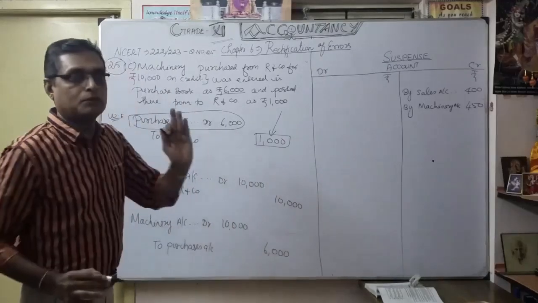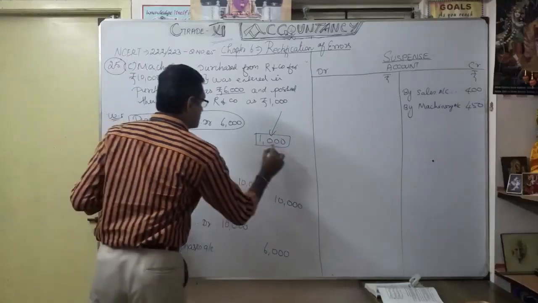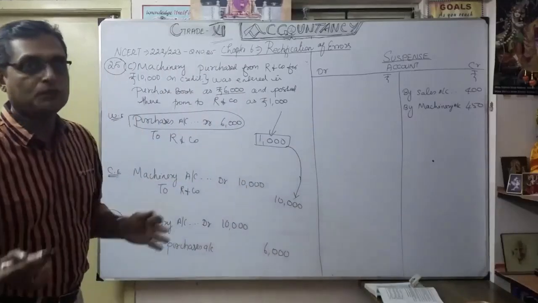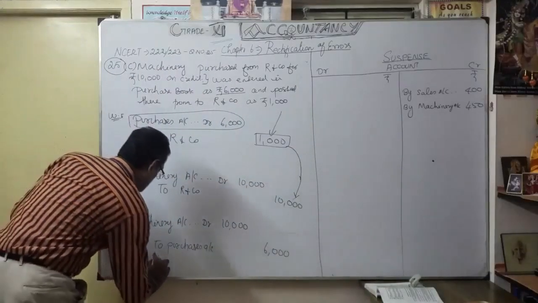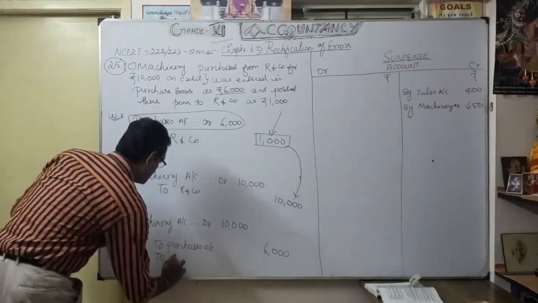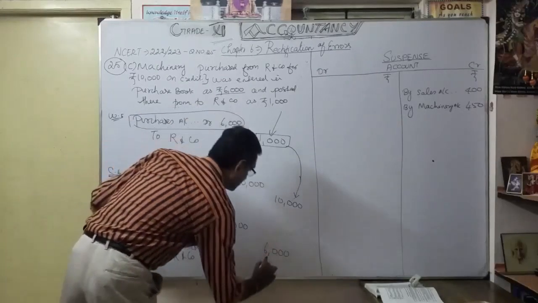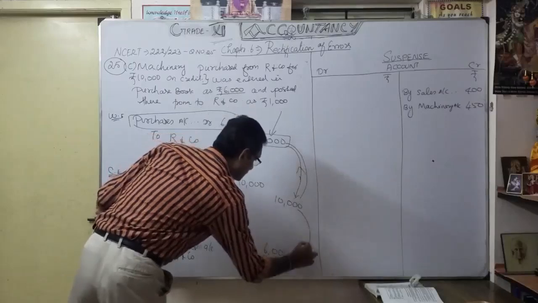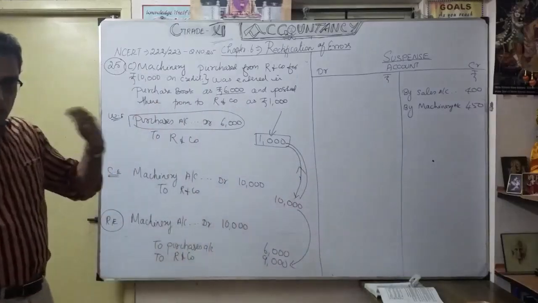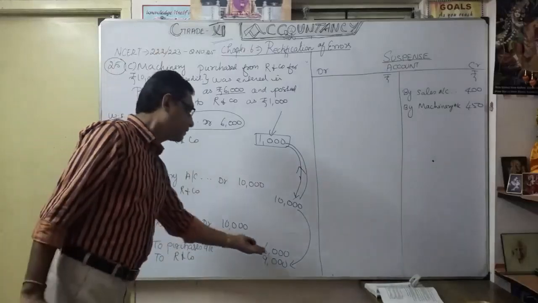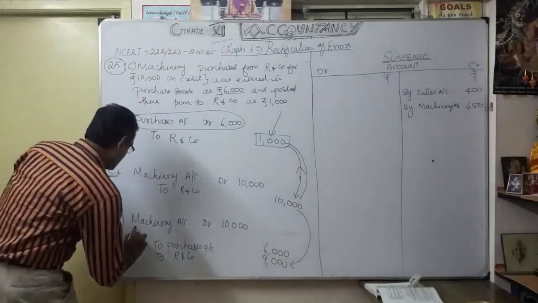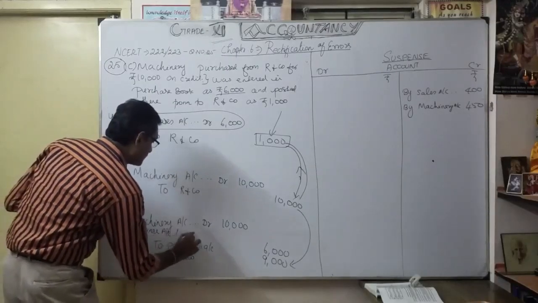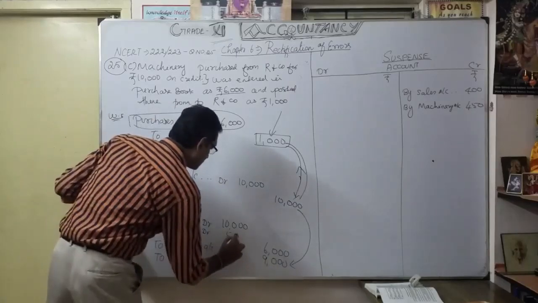Then, R&Co was credited only 1,000 instead of 10,000. So how much difference are you going to credit to R&Co? 9,000. We want to credit a further 9,000 to R&Co. Now the credit part is 15,000, so the debit part difference is the suspense account, 5,000. Now understood this.